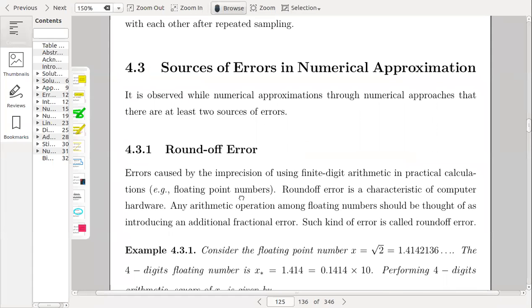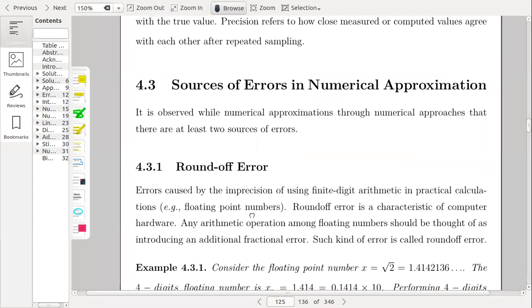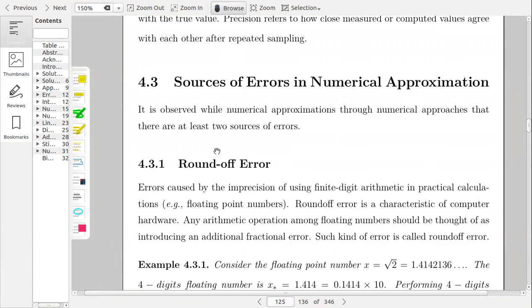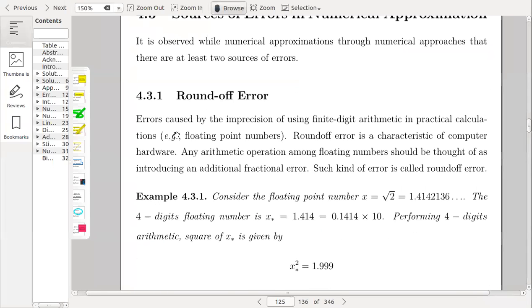And now the sources of errors in numerical approximation. It is observed while doing numerical approximations through numerical approaches that there are at least two sources of errors. Round off errors: errors caused by the imprecision of using finite digit arithmetic in practical calculation, for example, floating point numbers.